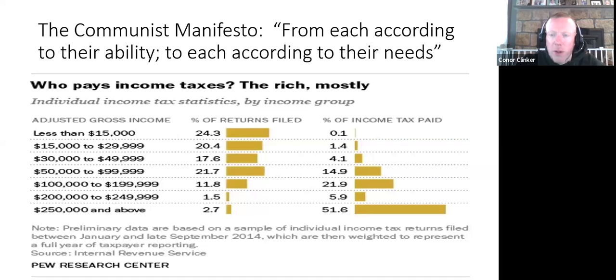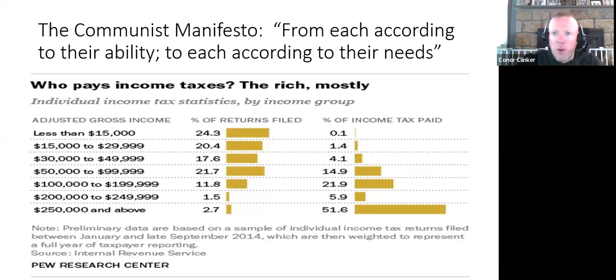This is how I run my household. From each according to their ability. I have the ability to earn money. My children don't. To each according to their needs. My children need a lot more resources than I do. So how does my household work? My wife and I do all the work.